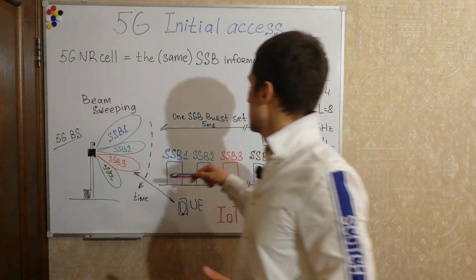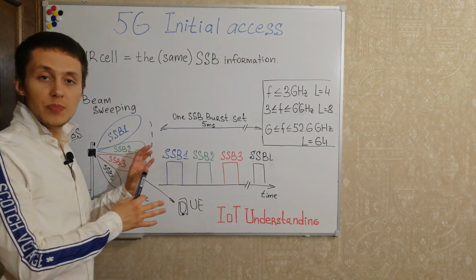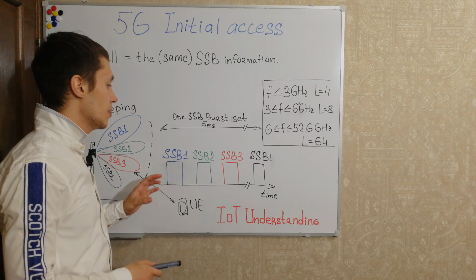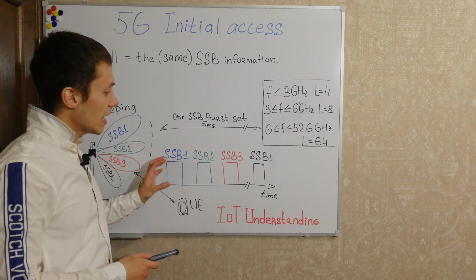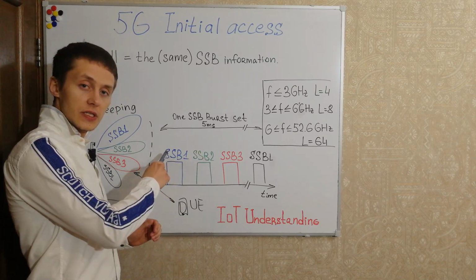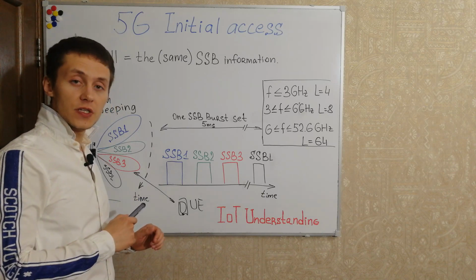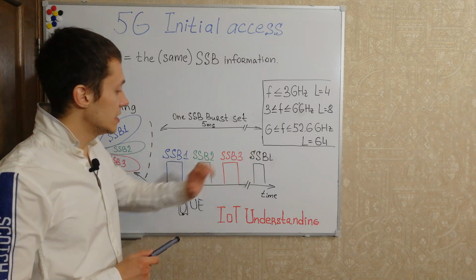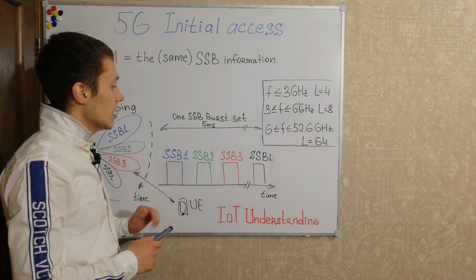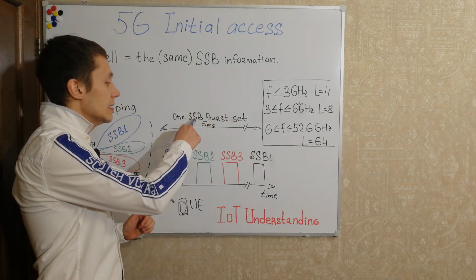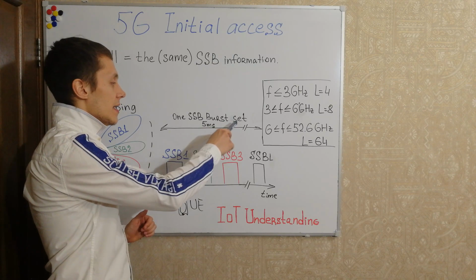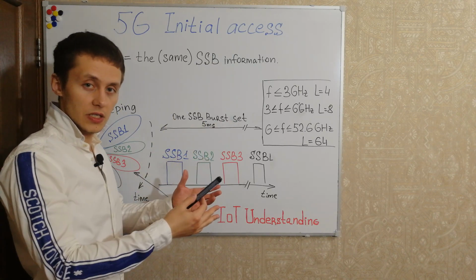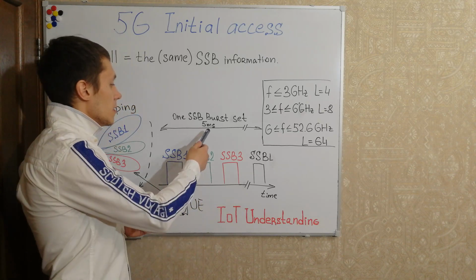So let's look at how SSB blocks are organized in time domain and space. In time domain, every synchronization signal block may have different numbers, and they are organized in an SSB burst set. Every SSB burst set is periodical.